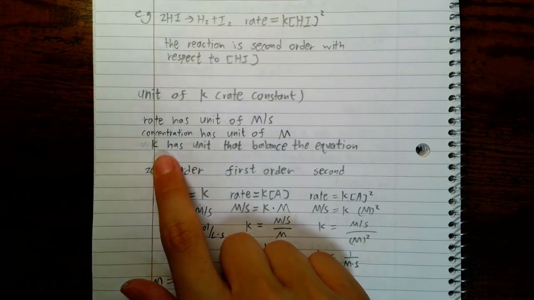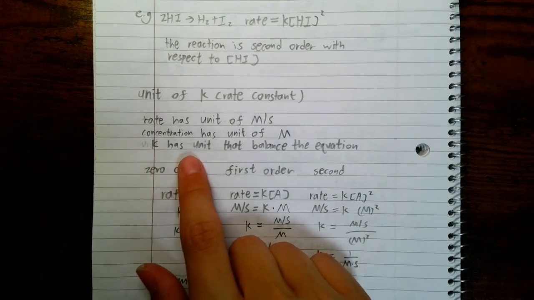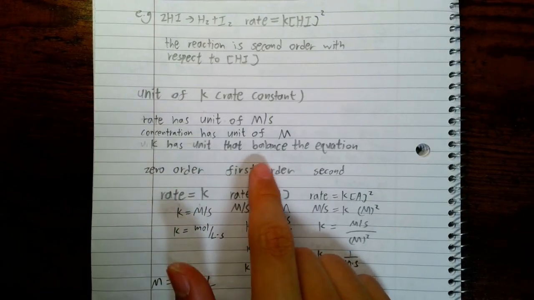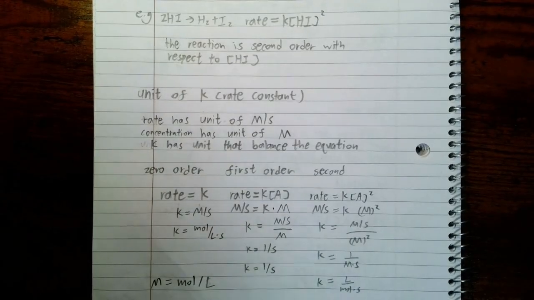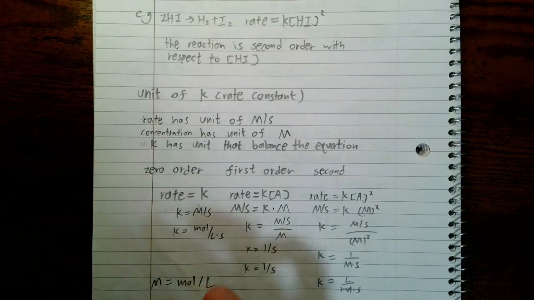K is what we need to determine, what we don't know, and it has to be able to balance the two sides of the equation. And let's see the basic derivation of the unit of K in 0, first and second order reactions.